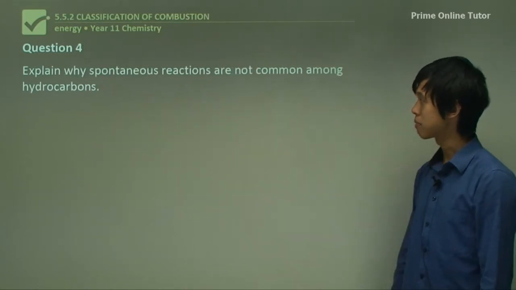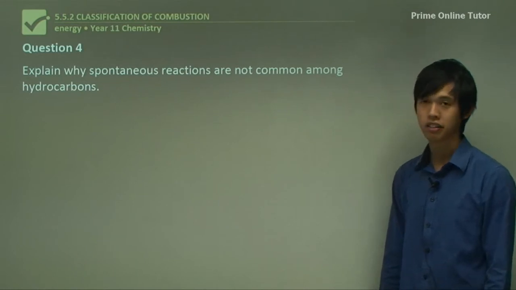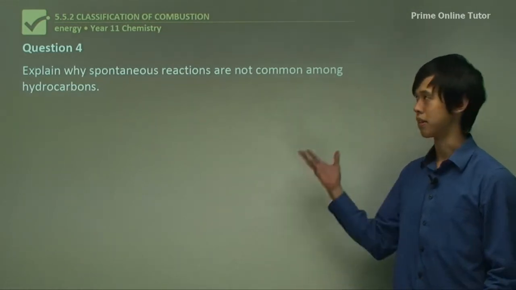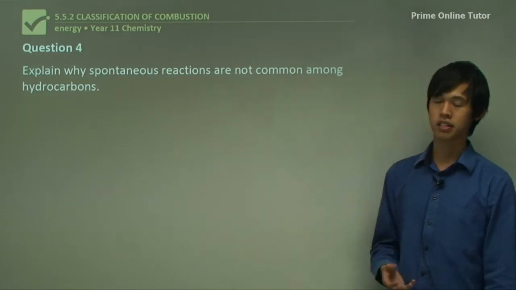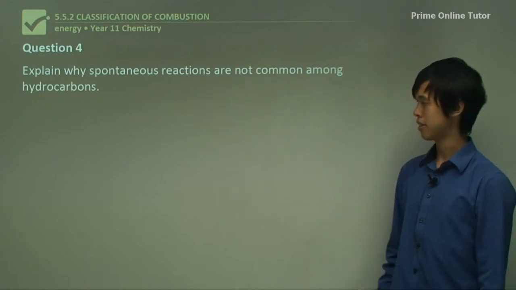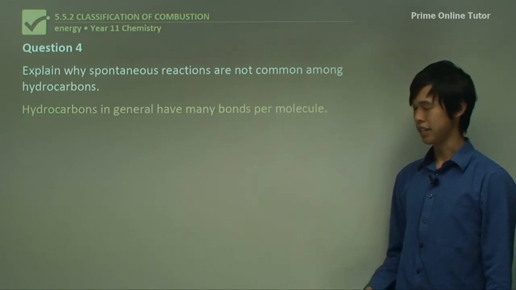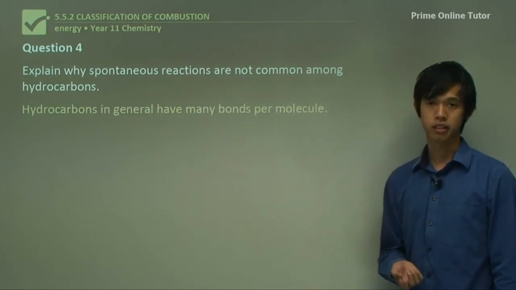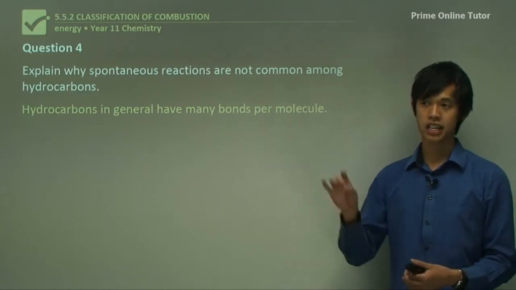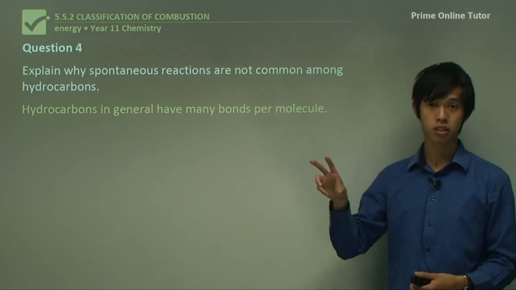Explain why spontaneous reactions are not common among hydrocarbons. We're talking about most hydrocarbons here. There are very few examples where I would think spontaneous combustions actually happen. But why are they so rare in hydrocarbons? Well, hydrocarbons in general have many bonds per molecule. If you think about even the smallest one, methane, each molecule has 4 bonds that you have to break.